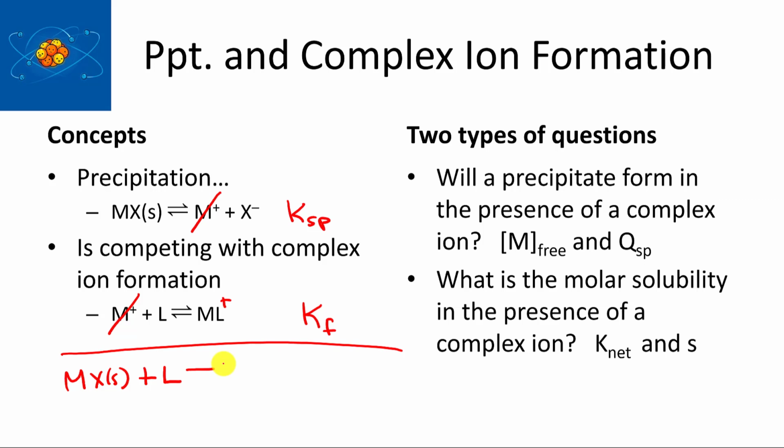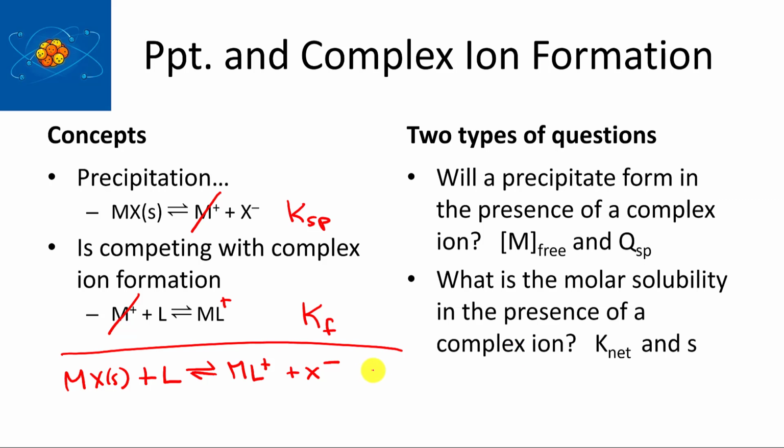And then the equilibrium is going to be ML plus X minus. It's kind of a displacement type reaction where the ligand displaces the anion for the precipitation out. And this will be bigger than 1 if Kf has more influence, and it'll be less than 1 if Ksp has more influence. The way that we tell which one's bigger, well, you can just look at them.